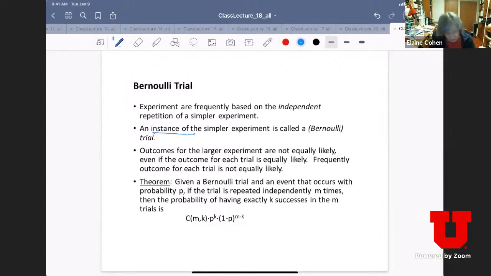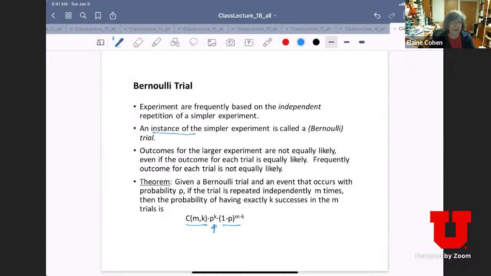And Bernoulli has a nice theorem. If an event occurs with probability P, and the trial is repeated independently many times, then the probability of having K successes in the M trials is the number of combinations of M things taken K at a time, times P to the K, times 1 minus P to the M minus K. Okay?